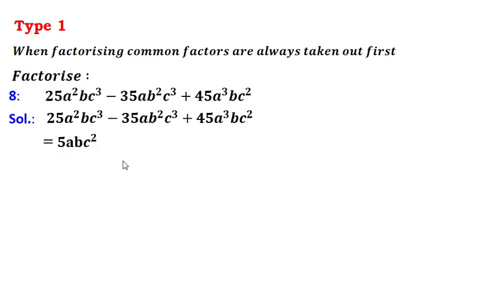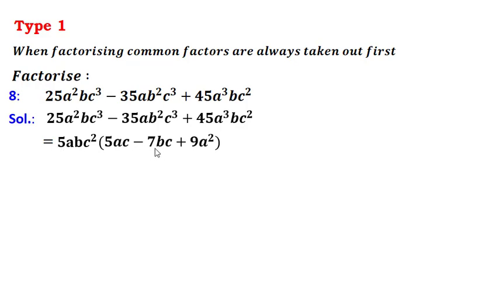Now after taking 5a b c square common, in the first place 5 is remaining in place of number, a is remaining in place of a square, b I have taken already common, and in place of c cube I have c remaining. So inside the bracket I have 5ac. Similarly for the second term, minus 7, because 5 already have taken common, so 5 7s are 35.